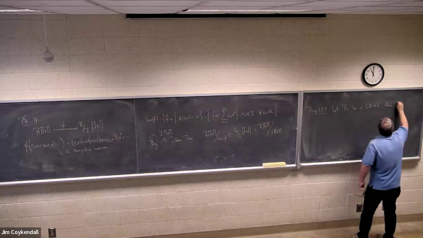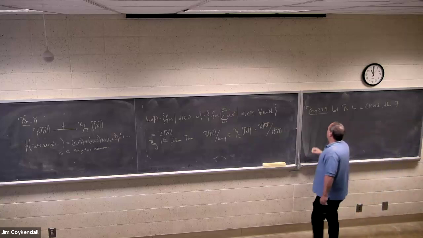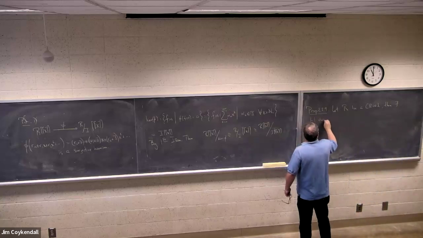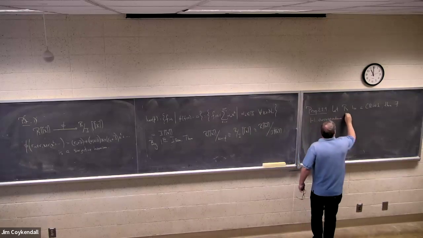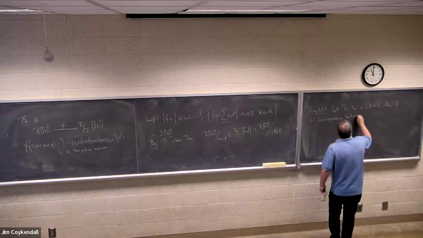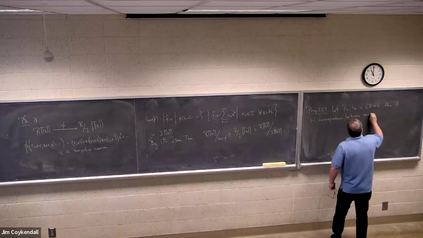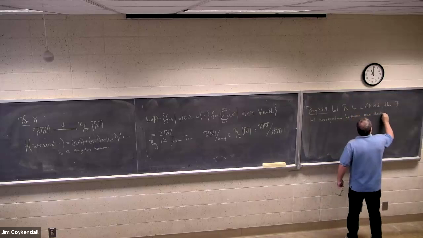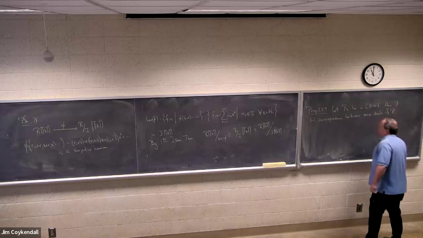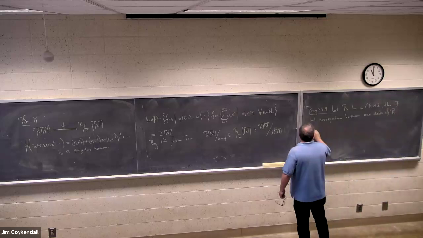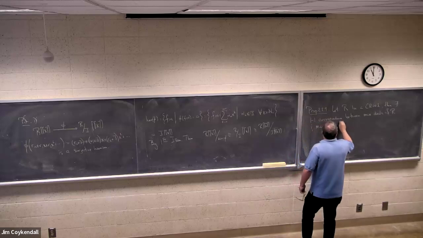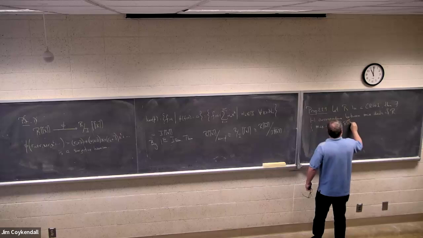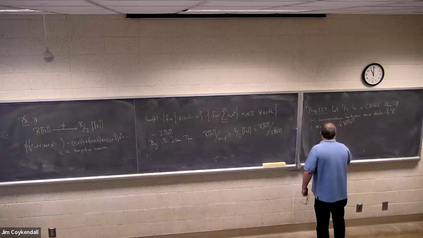Then there exists a one-to-one correspondence between the maximal ideals of R and maximal ideals of R power x given by I maps to I comma x.